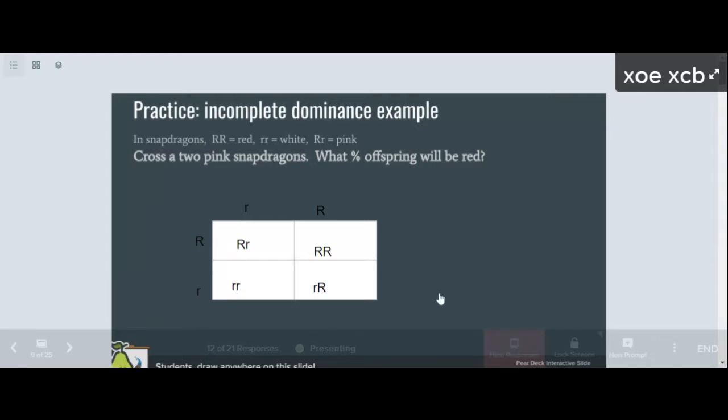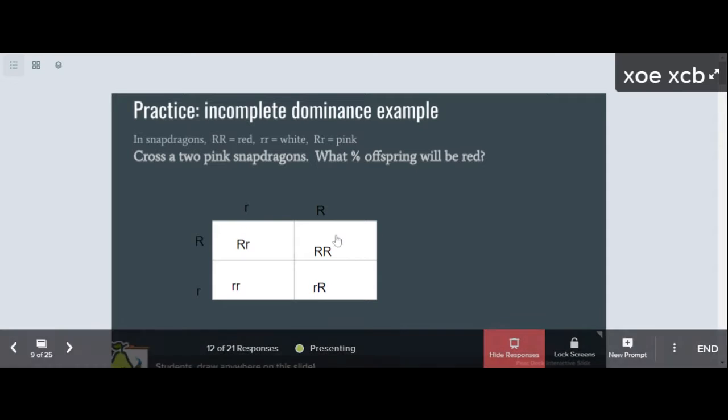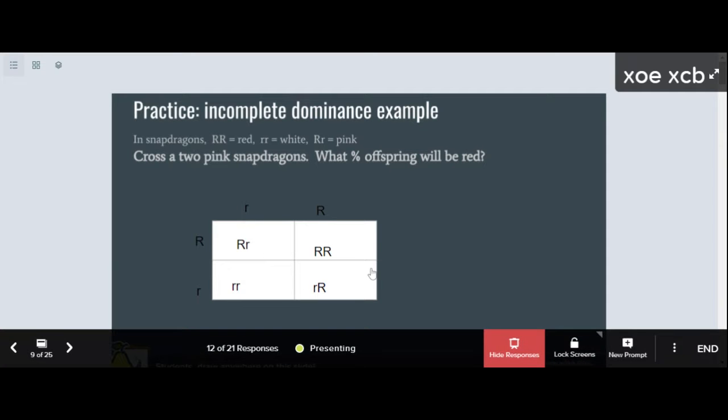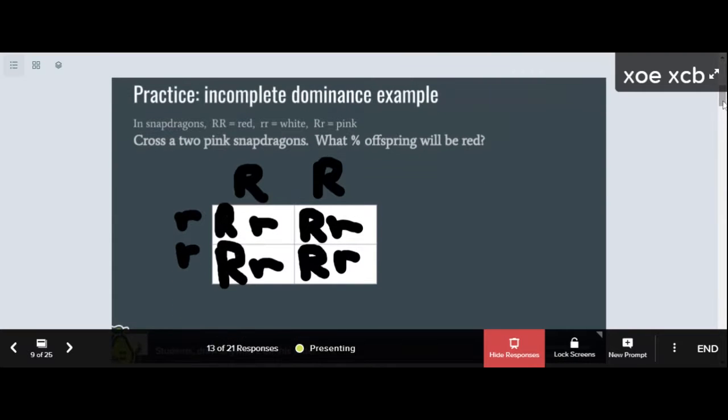All right, this one is perfect here. Now, this first one is great. I like that you kept them up here together, on the side together. So what percentage will be red? Looking at this, how many out of this square right here will be red? Let me see if somebody has it. Ooh, this one. Be careful. You messed up, that's okay.